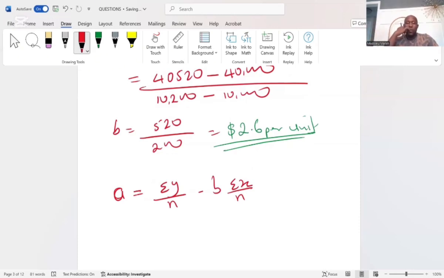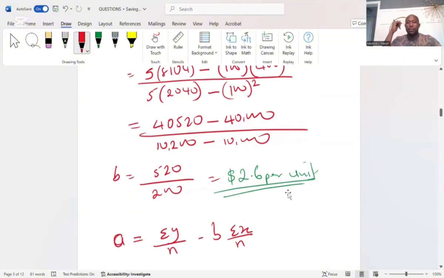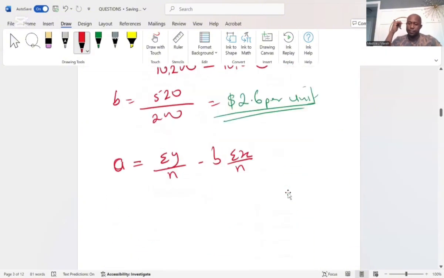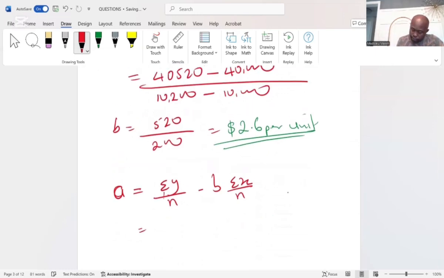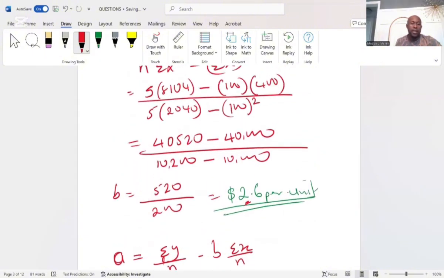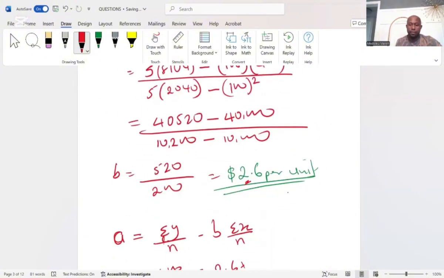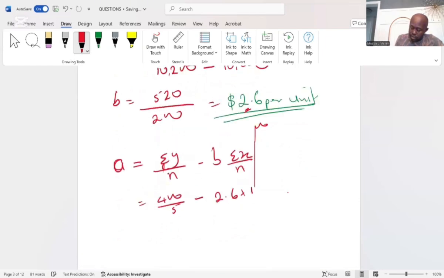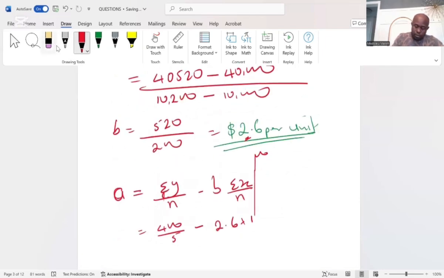So what's sum of y? From the table, sum of y is 400. So this is 400 divided by n, which is 5. What is b? We have b to be 2.6 from the earlier answer. Multiply. What is sum of x? Sum of x is 100, divided by n is 5.